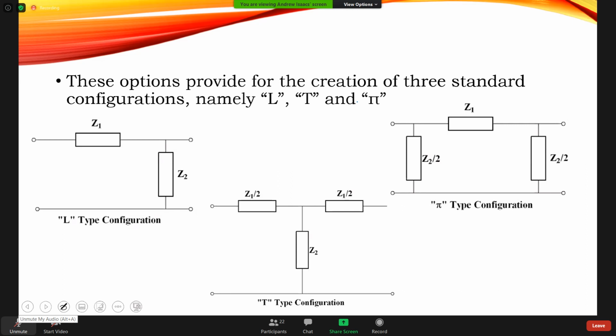All right. Okay, so you have these orientations.